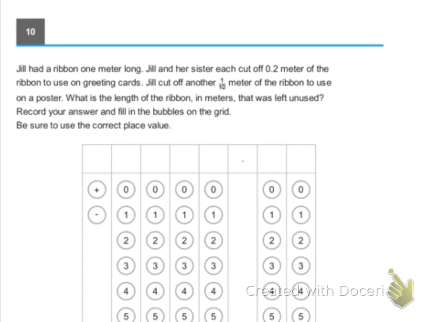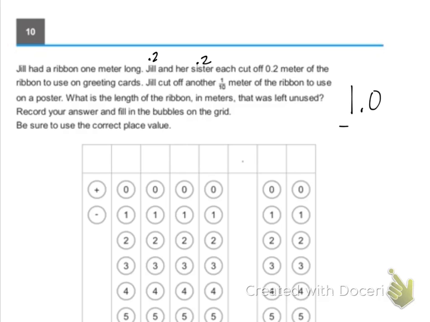So I'm looking for what's left, right? Let's start with what she had, which was 1 meter. Jill and her sister each cut off 2/10, so 2/10 to Jill and 2/10 her sister. For the total tenths, that is 4/10.